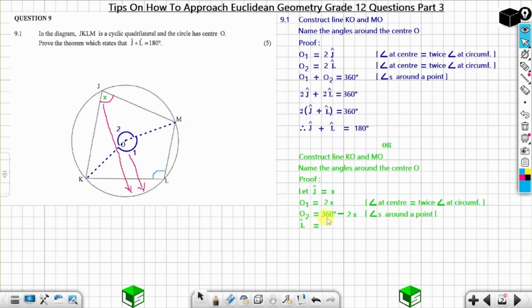Angle L is equal to 180 degrees minus X. You divide angle O2 by 2 to have angle L, because angle L and angle O2 are subtended by the same arc. Let me show you.